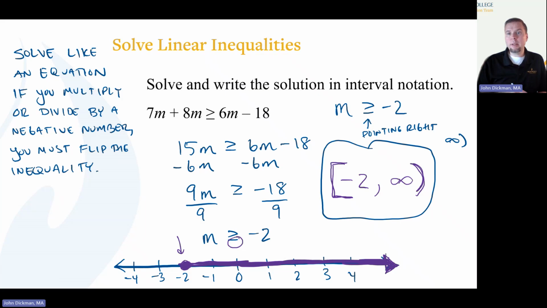So pointing right, infinity on the right side. Okay? If you have something that's less than, pointing to the left, then you'll have negative infinity on the left side. I'm not going to write it here because I don't want to get people confused, but we will see a problem that looks like that.